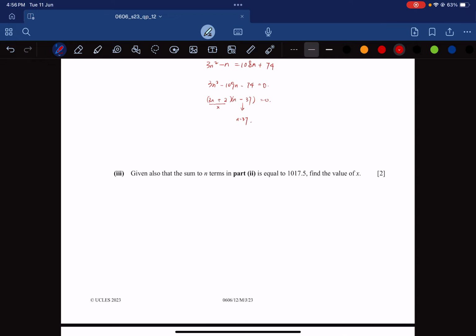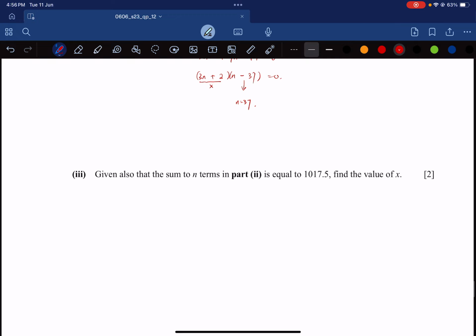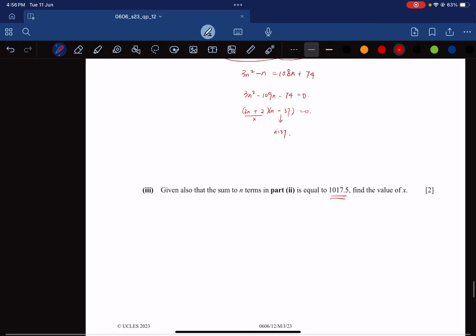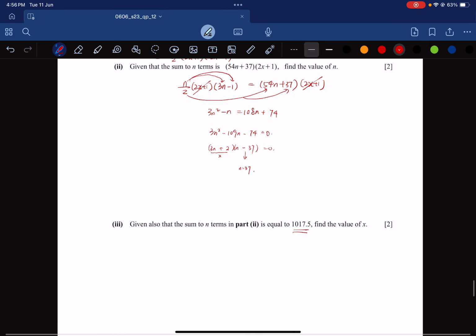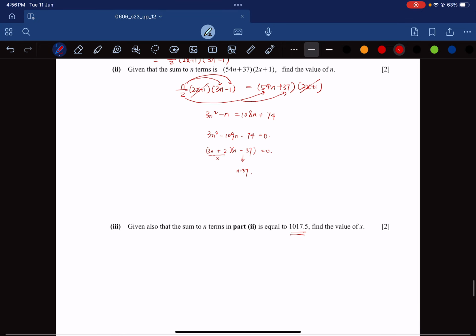Given also that the sum to n terms in this part is equal to 1017.5, find the value of x.